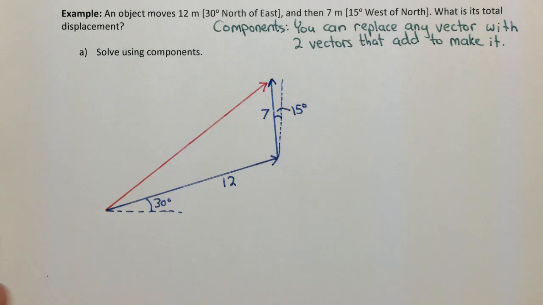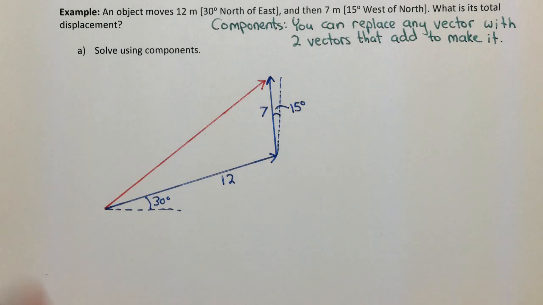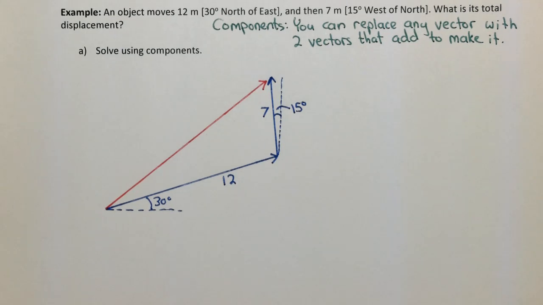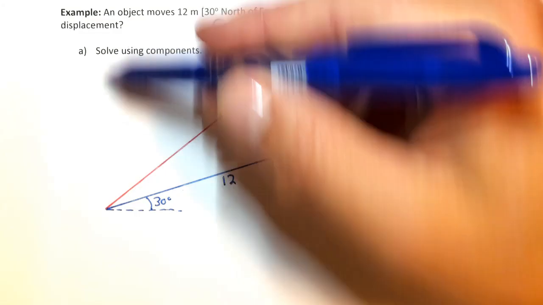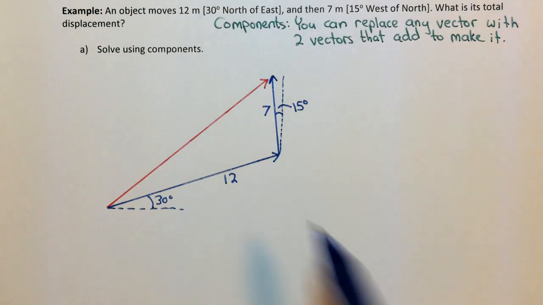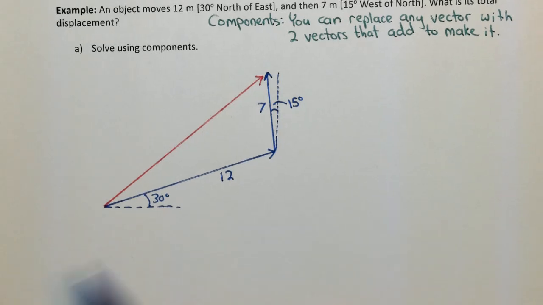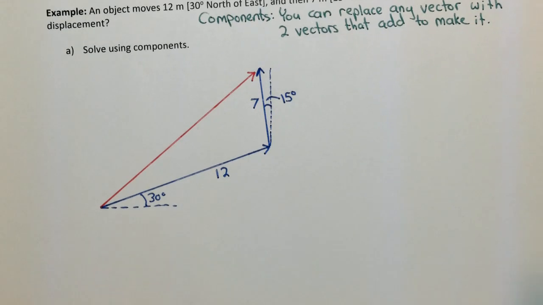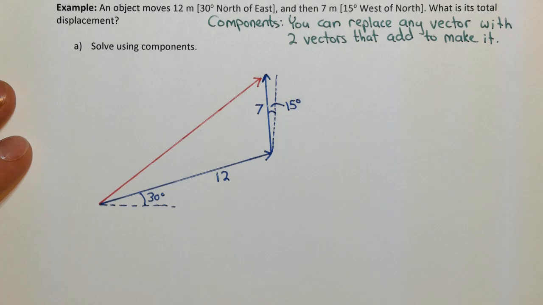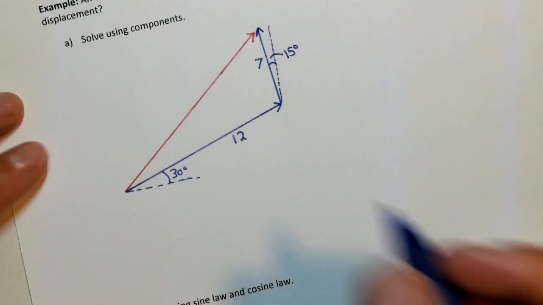So for example, I really don't like this vector because it's at a weird angle. I like things that are going straight north-south because then I can just say north is positive, south is negative. Or straight east-west, so then I can just say east is positive, west is negative. I don't like having to deal with angles. So I'm going to see if I can replace this vector with two vectors where I don't have to deal with these angles.